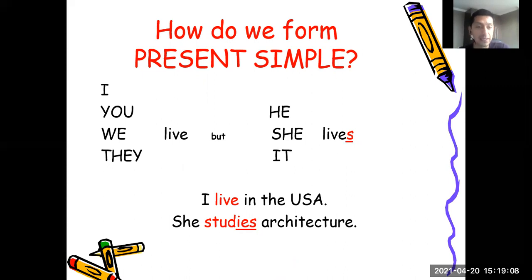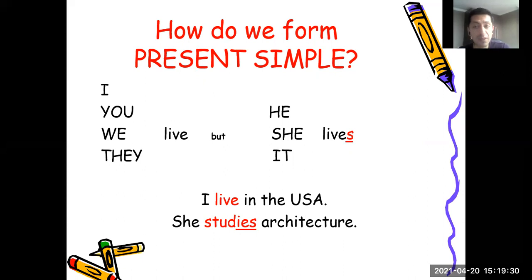For example, I live, you live, we live, or they live. But in the case of the third person singular, which is he, she, and it, we have to be very careful because in the present simple, in affirmative sentences, we have to add an s to the verb.